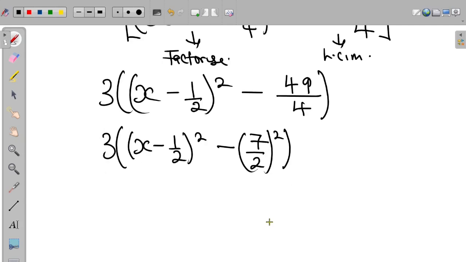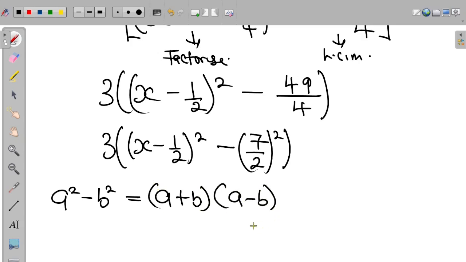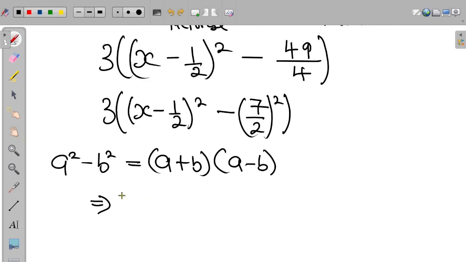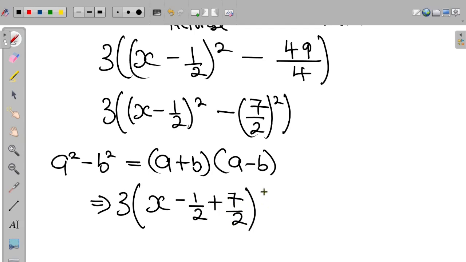Now at this time, we have a difference of two squares. Recall that for a difference of two squares, if I have a squared minus b squared, this can be expressed as a plus b multiplied by a minus b. So this is 3, open a bracket, x minus 1 divided by 2 plus 7 divided by 2, multiplied by x minus 1 divided by 2 minus 7 divided by 2.